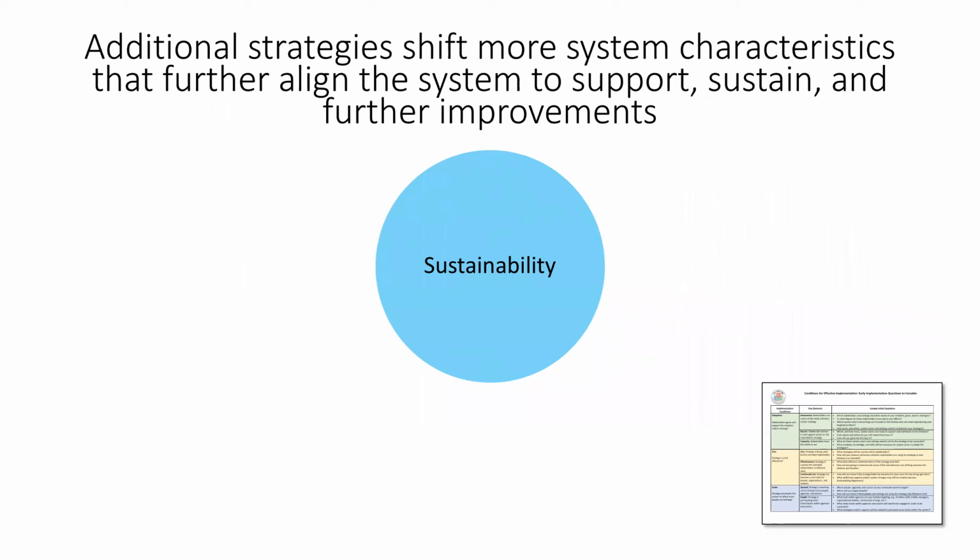And then finally, sustainability, which may be down the road, but in many regards, you may want to be thinking about sustainability from the very beginning. But this really has to do with whether or not we have a sufficient wolf pack set of strategies that can help us target more of the different system characteristics that can further align the system to support, sustain, and further improvements.